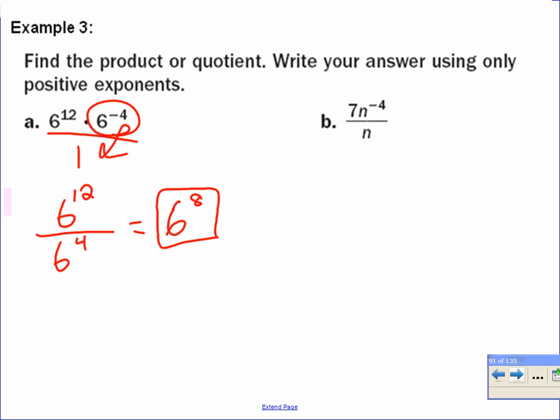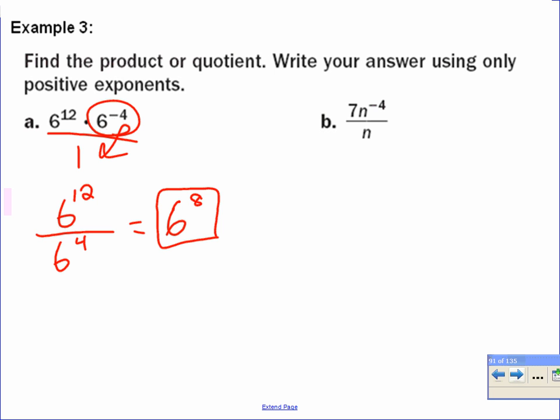I try to stick with the same order, just like with solving equations. It doesn't matter the way that you approach it, as long as you understand, do not keep negative exponents in your answer. Sean? Okay, go ahead, real quick. Yeah, we're going to do that in a little bit.